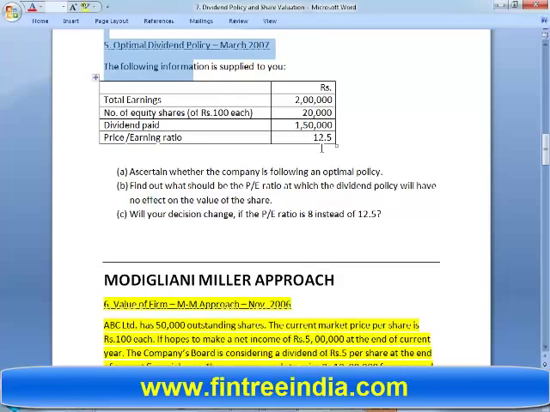Current return on investment 10%. Next line in the table. Therefore required cost of equity 10%.